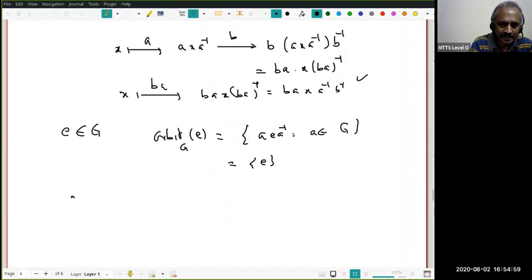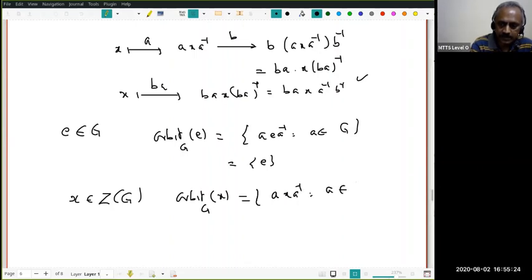Suppose my x is in the center of G. What is the center? The set of all elements which commute, that is xg equals gx for every group element g. That x commutes with all elements of G. Therefore, what will be the orbit of x under the conjugacy action? That is going to be a x a inverse with a in G. But remember, x is an element of the center.